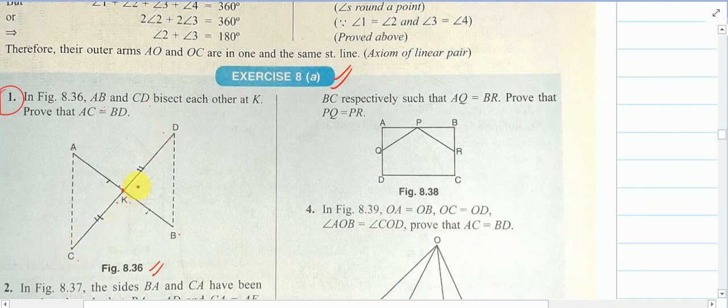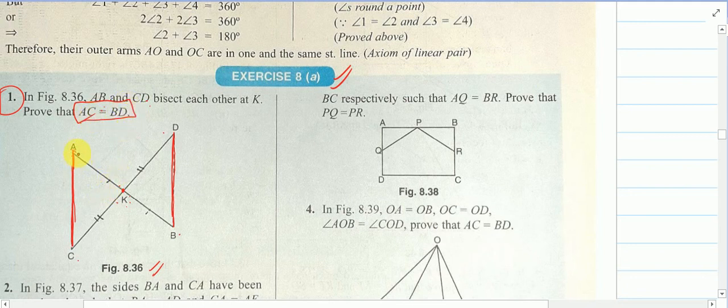Next, they want you to show that AC is equal to BD. Now what comes to your mind, how are we going to proceed to show this?